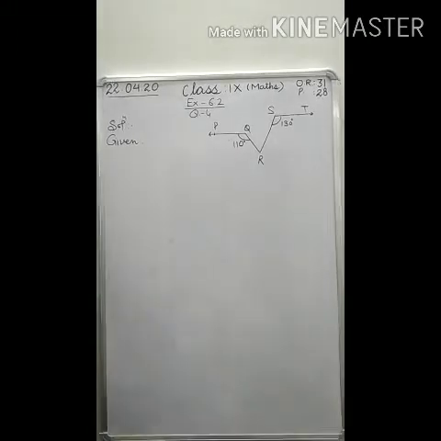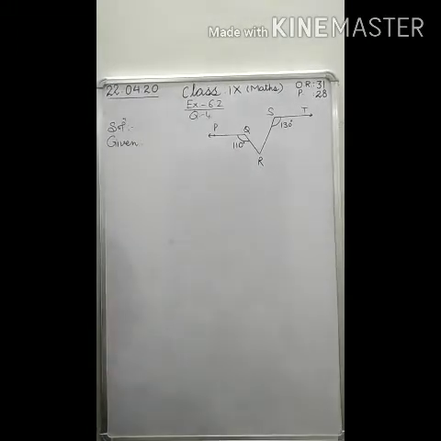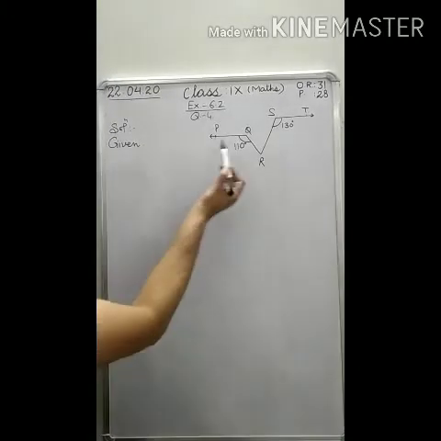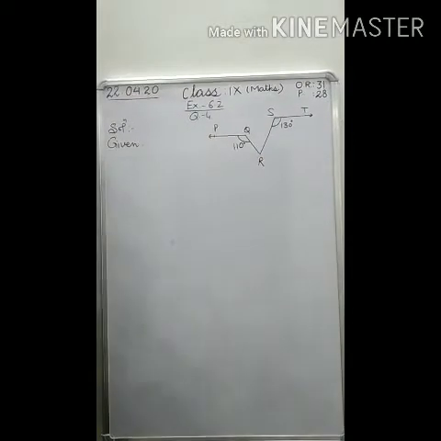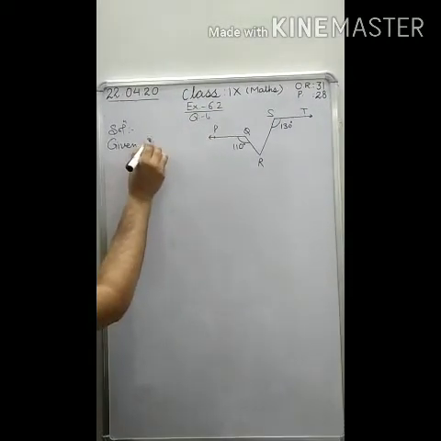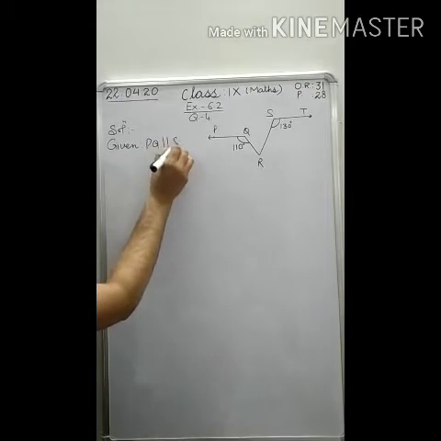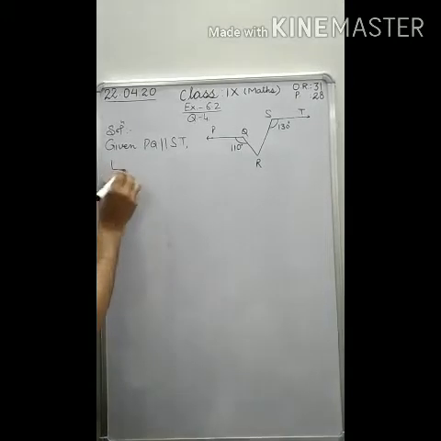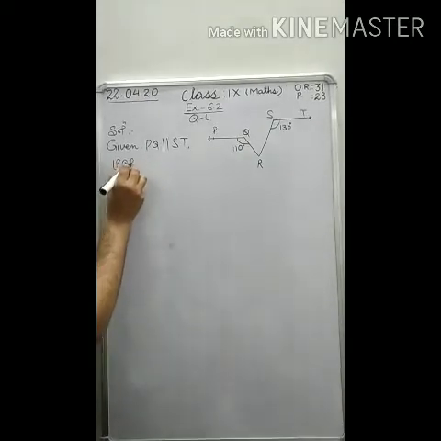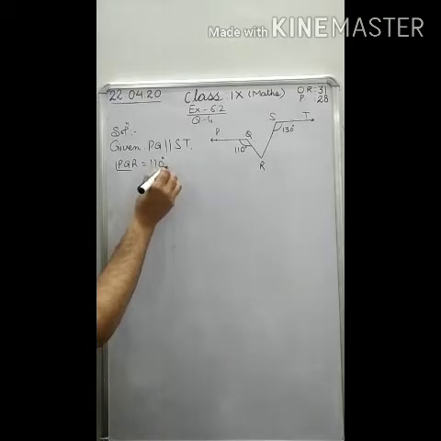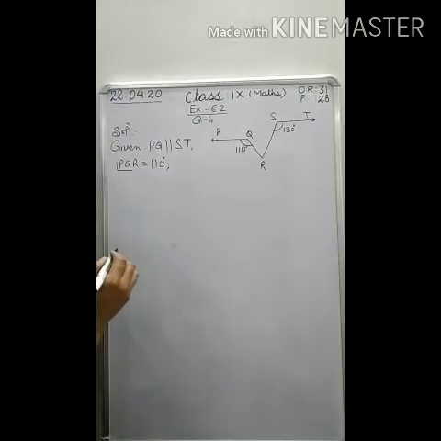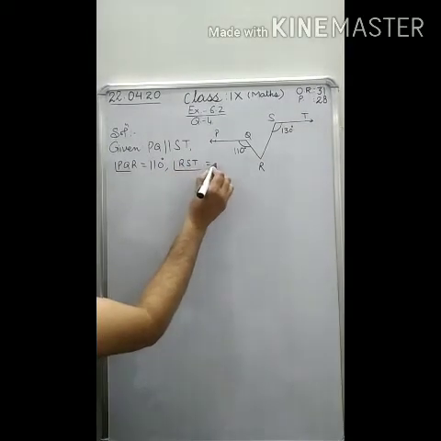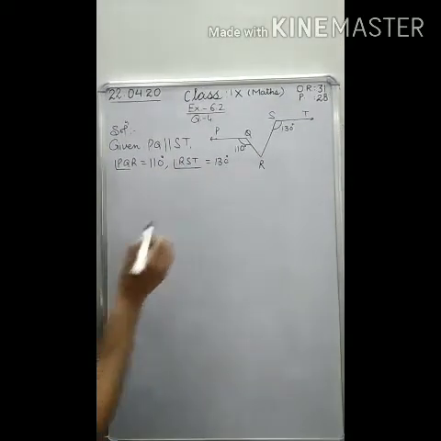Students, in this figure, in fact questions, we have given that this line PQ is parallel to ST. We write the given here, PQ is parallel to ST. Moreover, this angle PQR is of 110 degree, and next angle RST is equal to 130 degree.